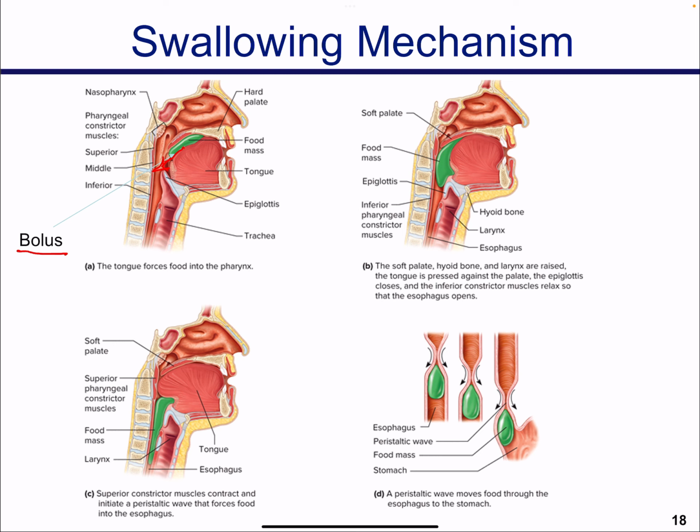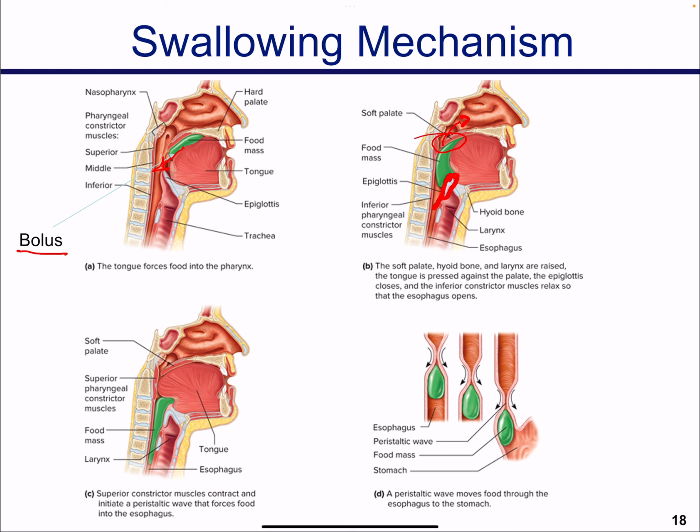As the food goes toward the back of the mouth, you have 2 things that are going to happen. One is that the soft palate is going to lift up, preventing the food from going in the nasal cavity, which would be bad news, right? 2, in the swallowing process, you have here an area that we call the epiglottis, right? The epiglottis will start a movement going down, right?